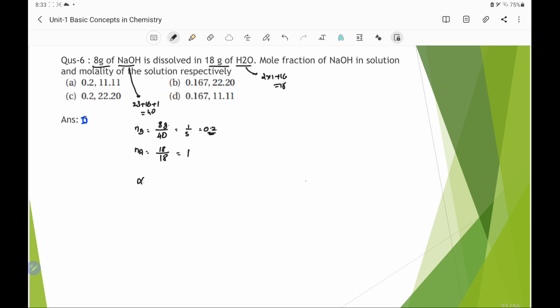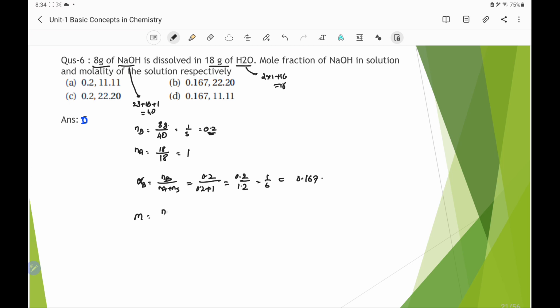Now we have to find the mole fraction of the NaOH, that is solute. So XB will be equal to NB by NA plus NB, and on simplifying it, first put the value NB is 0.2 divided by 0.2 plus 1, or it is 0.2 by 1.2, or it is 1 by 6. On simplifying, we will get it is 0.167. Second, we have to find the molality.